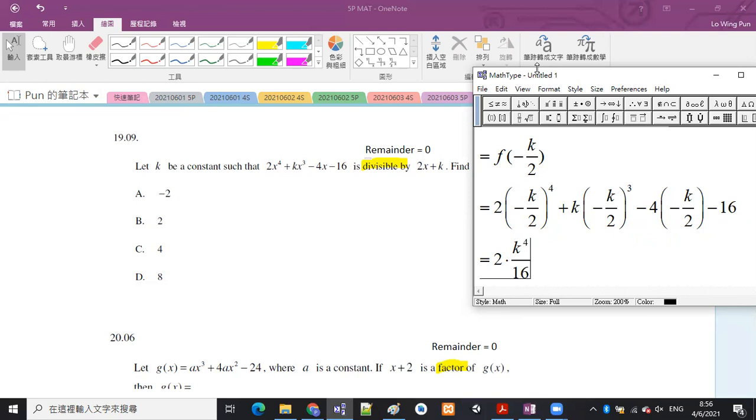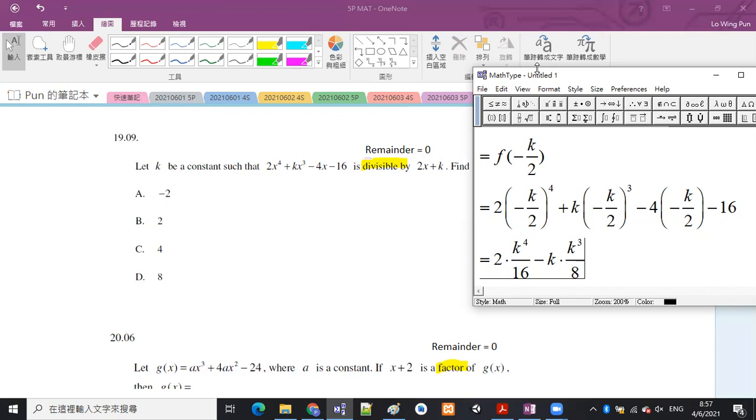So this is a plus negative number. So this term becomes minus. So we have k here, and then times. The cube is shared by the k, and the 2 cube is 8.